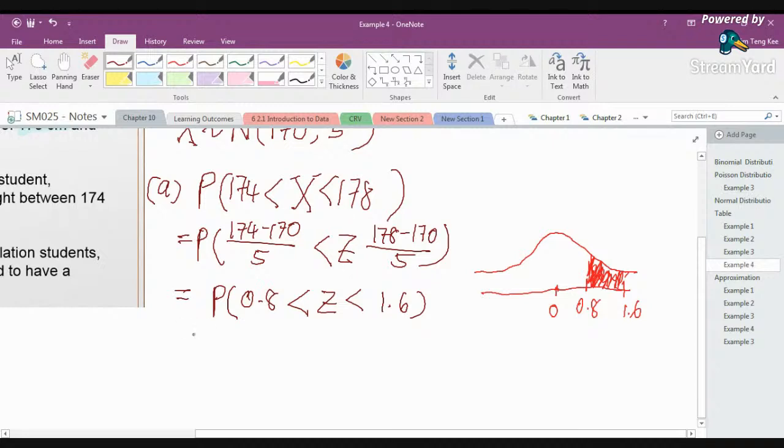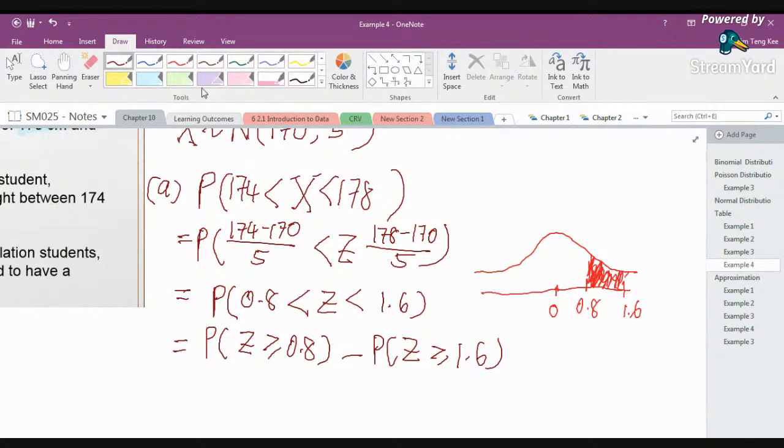And from here, we notice that based on the regions, it can be interpreted as the probability of z greater equals to 0.8 minus P z greater equals to 1.6. Of course, again, the equal sign is not important, but let me explain how I get this idea.